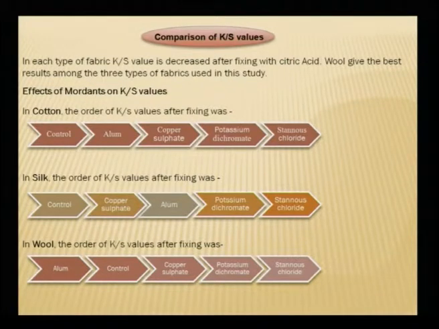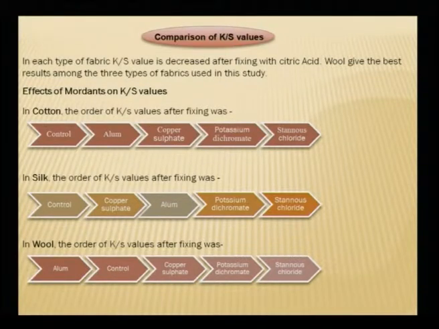In the case of cotton, the order of K by S value after fixing was found. Before fixing we cannot say that this is the best method, because after all the fabric needs to be treated completely. The finishing process must be complete. So, finishing of the fabric ends only in the step of dye fixing.